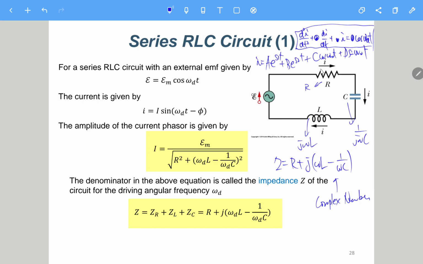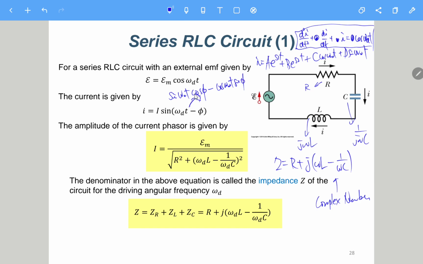One point is you only get sine of omega dt minus phi. You can change it to something like sine of omega dt cosine of phi, minus cosine of omega dt sine of phi. In high school trigonometry, you know this sinusoidal addition argument.